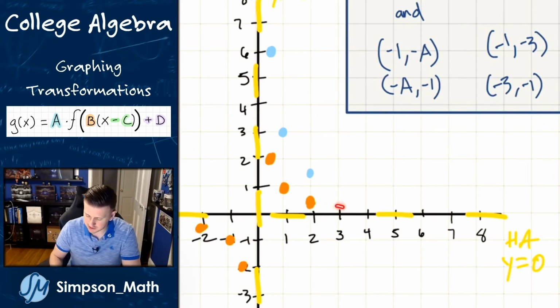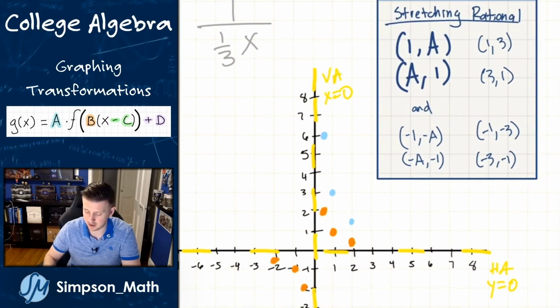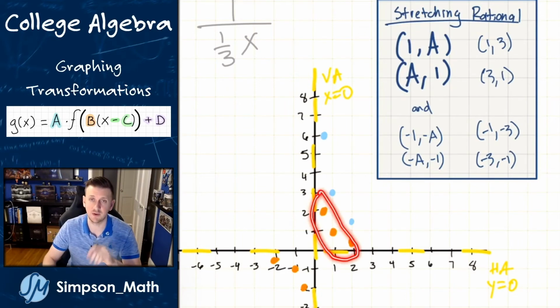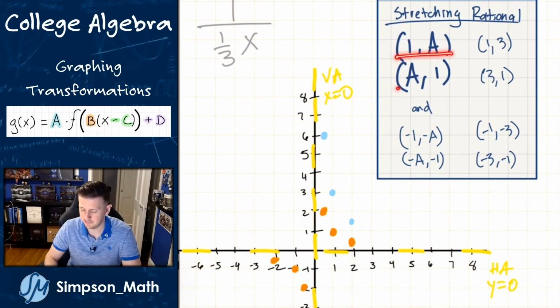And so there's going to be an interesting relationship between the values that have a in it. So this is what I can do whenever we're stretching the rational parent function: at minimum, instead of graphing the half 2, 1, 1, 2 halves and just moving those up or down, what I encourage you to graph is the point 1 comma a and a comma 1.